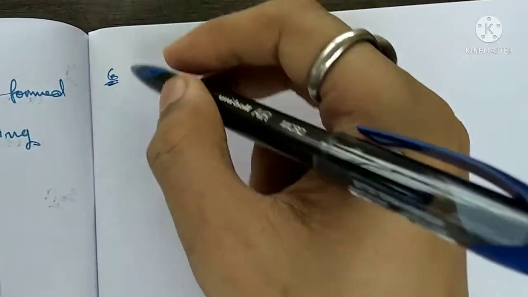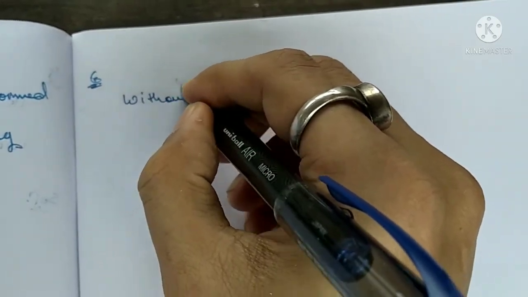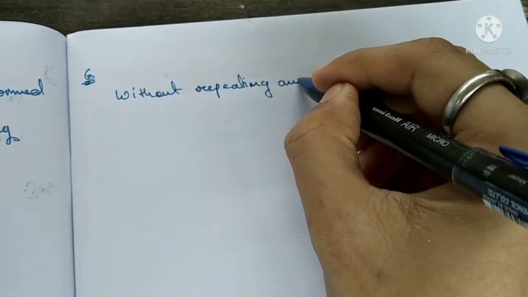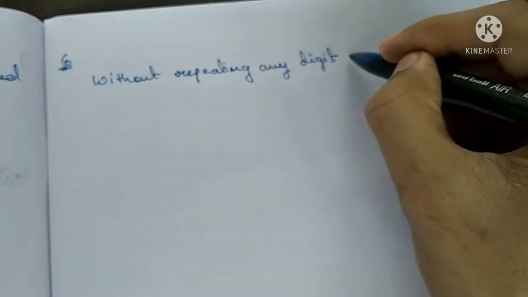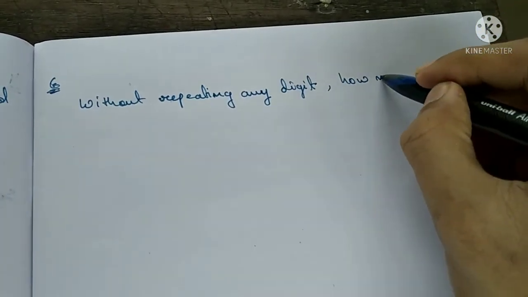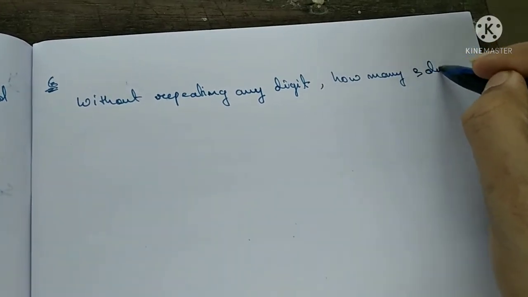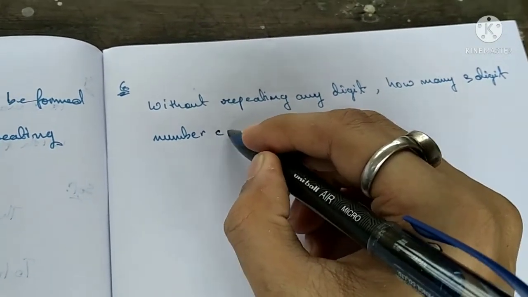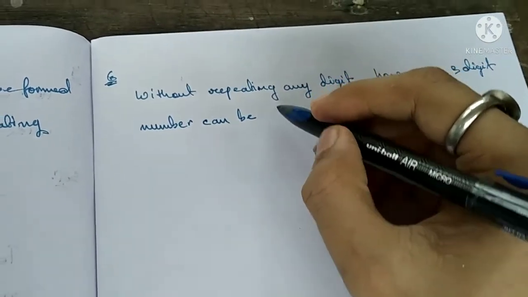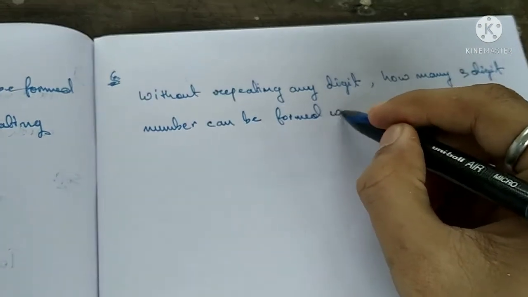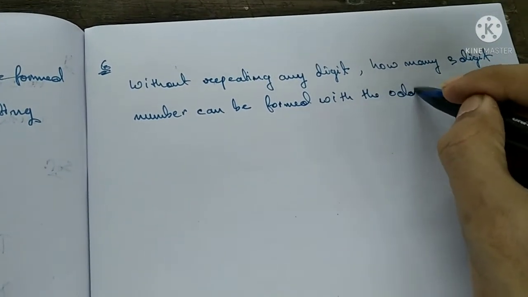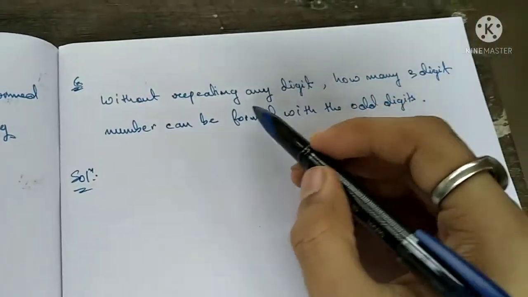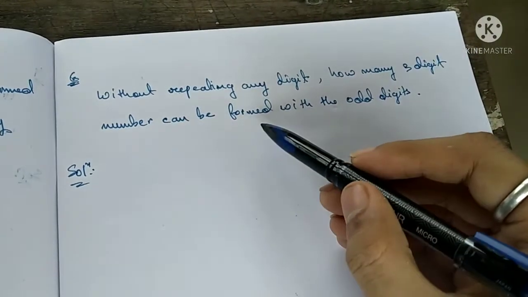Question number 6 is saying that without repetition of any digit, how many 3-digit numbers can be formed with the odd digits?